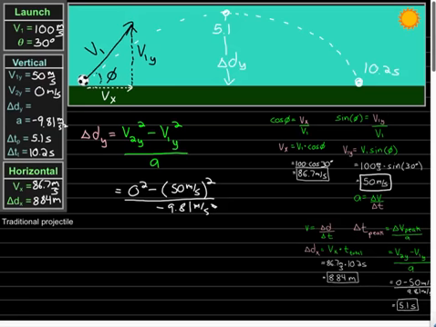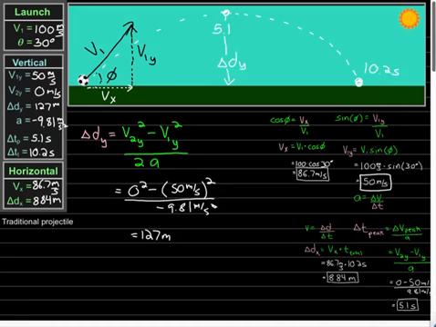All right, and when we calculate that, we do negative 50 squared divided by 2 times 9.81, this is supposed to be divided by 2a. We get out 127 meters.